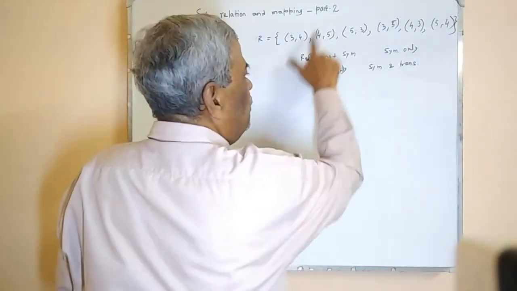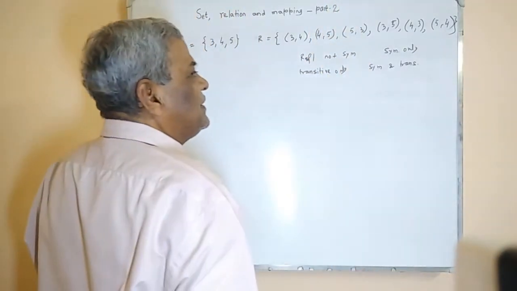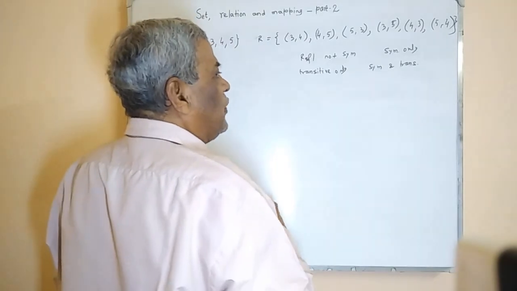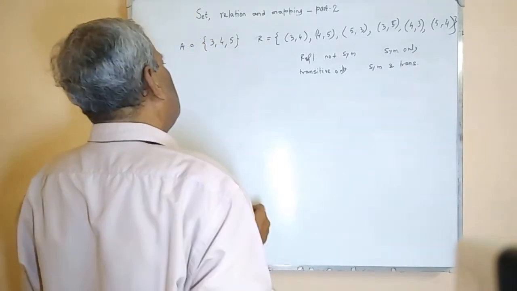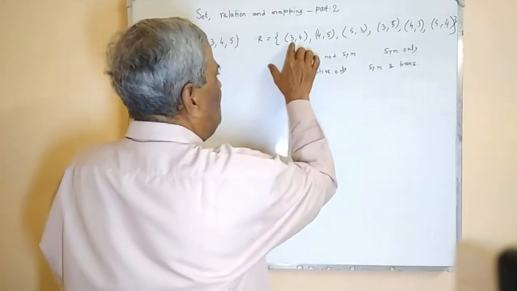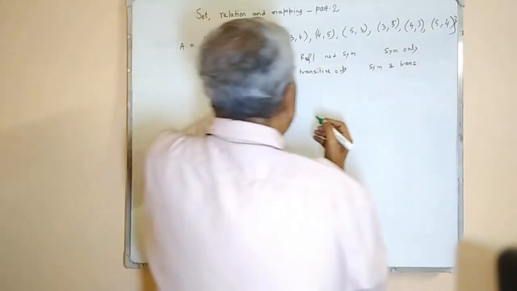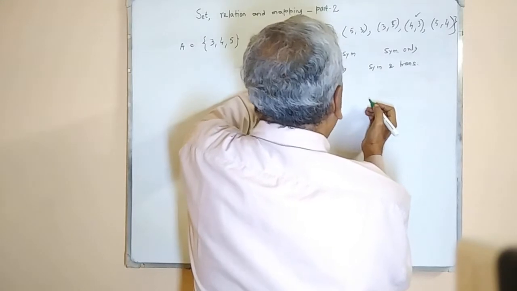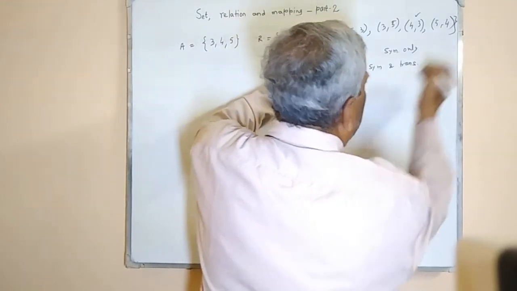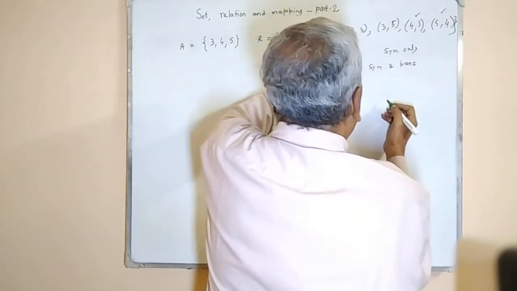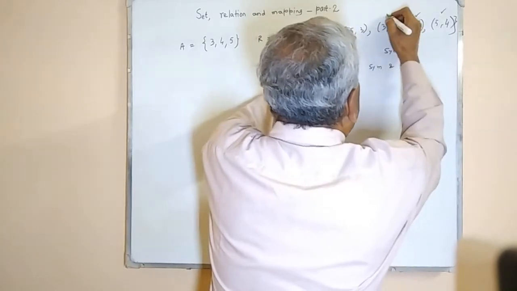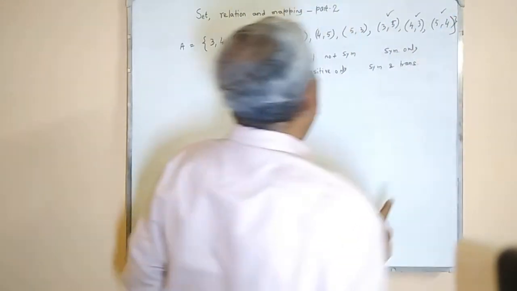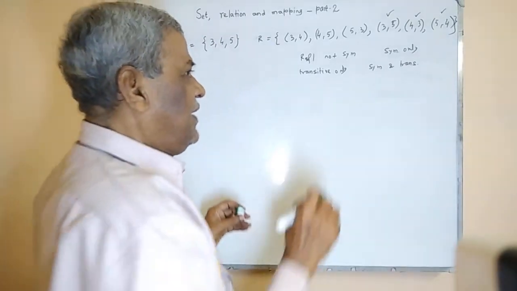So this is ruled out. Next, try for symmetric or not. Symmetric means if (3,4) is present, (4,3) must be present. It is there. (4,5) present, (5,4) must be present. It is there. (5,3) present, then (3,5) is present. It is there. So it is symmetric.